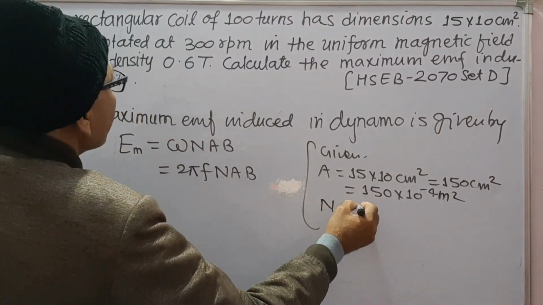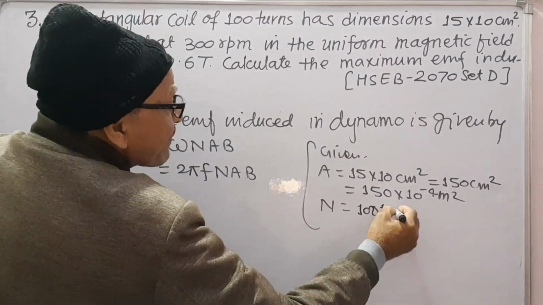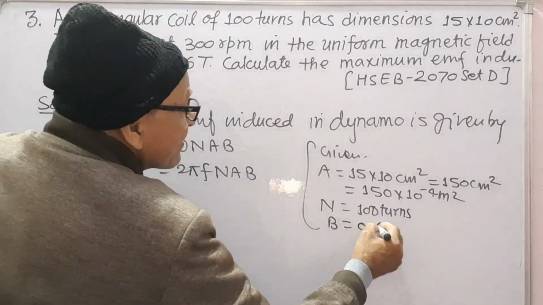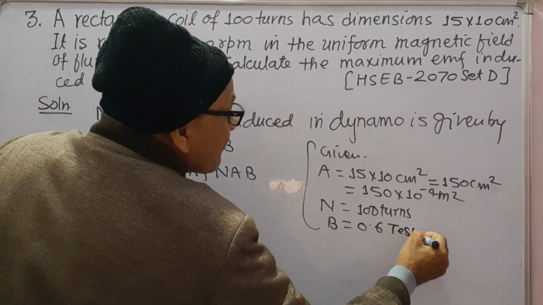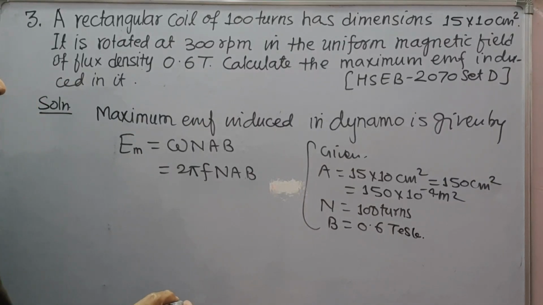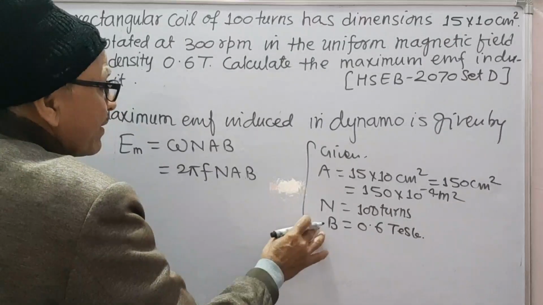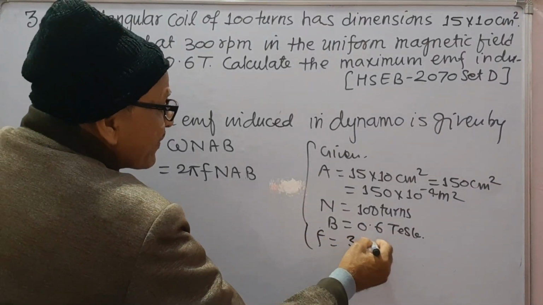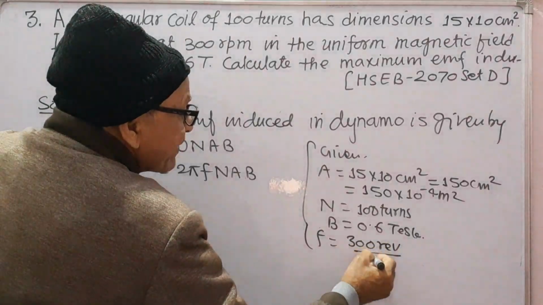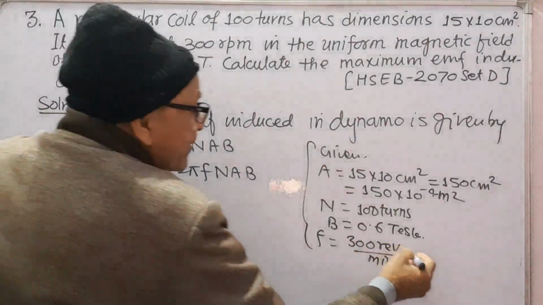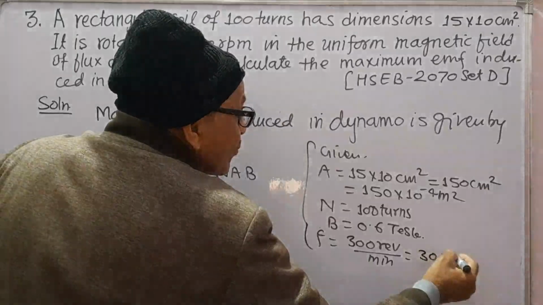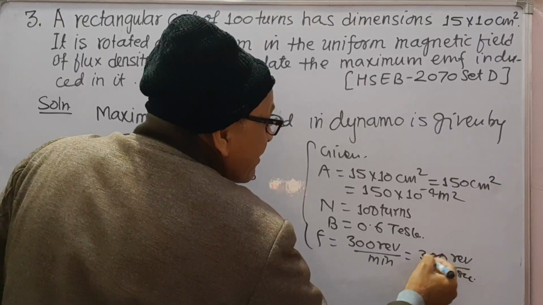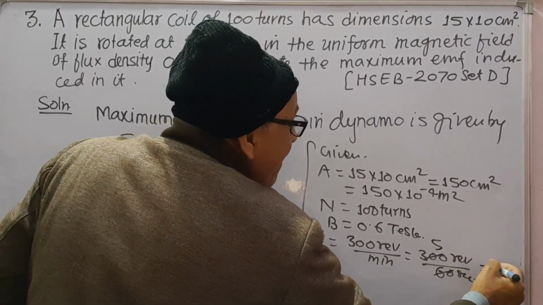N is 100 turns. Magnetic field of flux density 0.6 Tesla. Frequency F is 300 revolution per minute, which is 300 revolution upon 60 second, means 5 hertz.